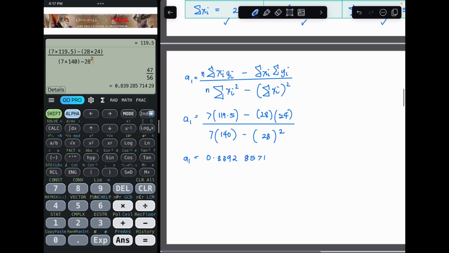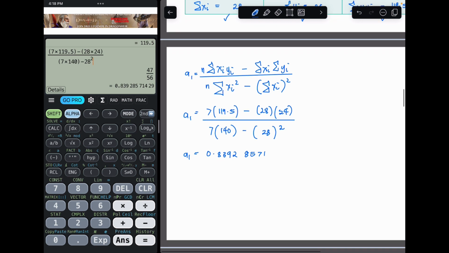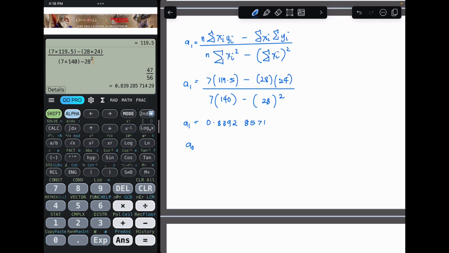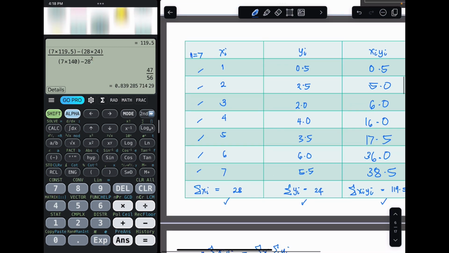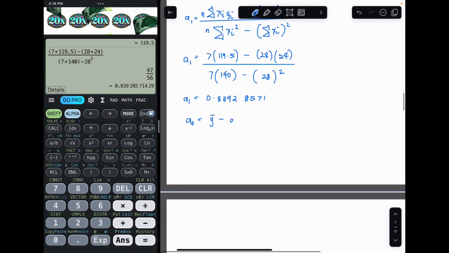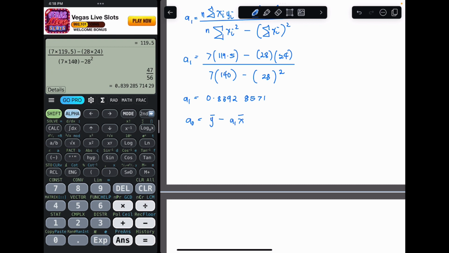So next we compute for a sub 0. a sub 0 is y bar minus a1 x bar. We already have the a1.